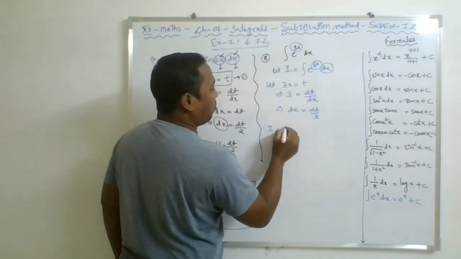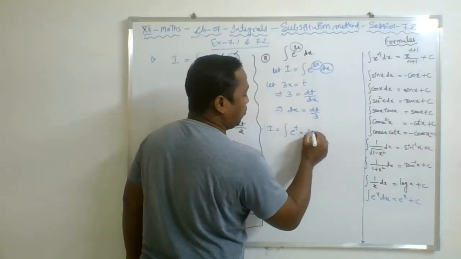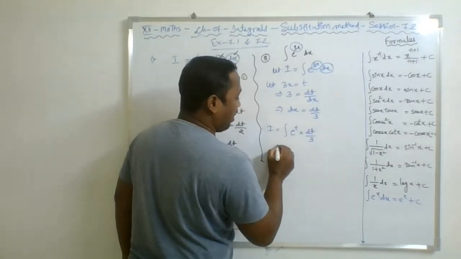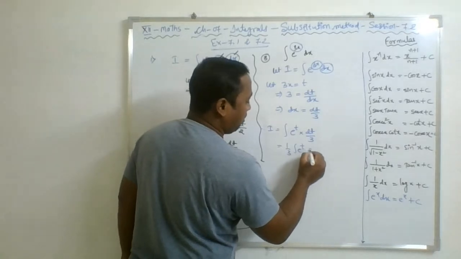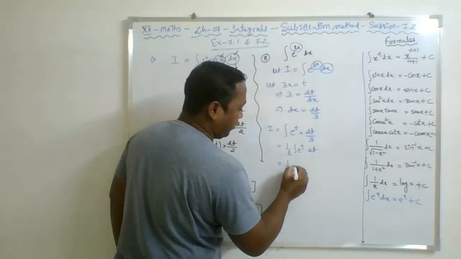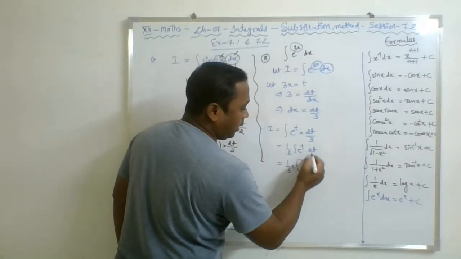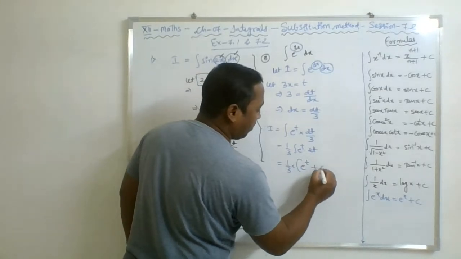Therefore, the question is modified like e to the power of t into dt upon 3, and 1 by 3 as a constant you can keep outside. We are left with e power t into dt. So now 1 by 3 into e power t dt, the answer is e power t only plus c.